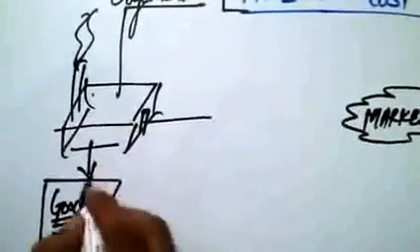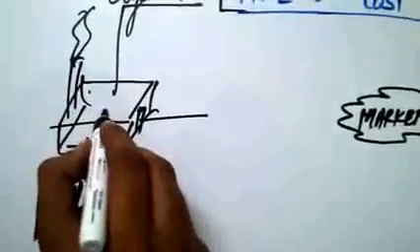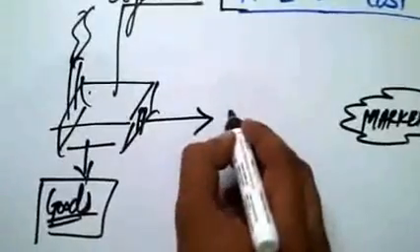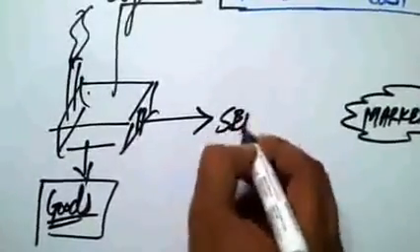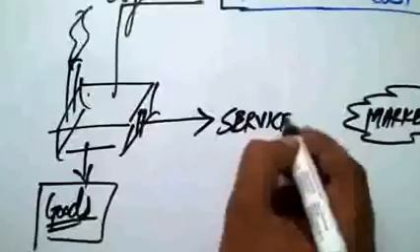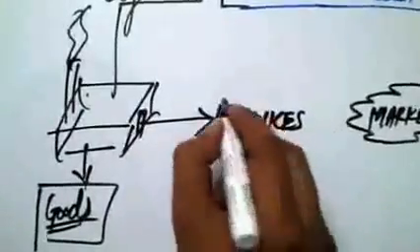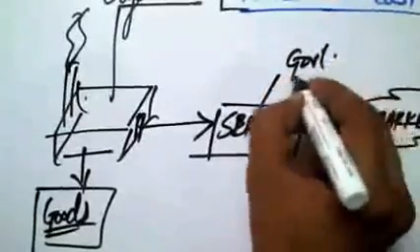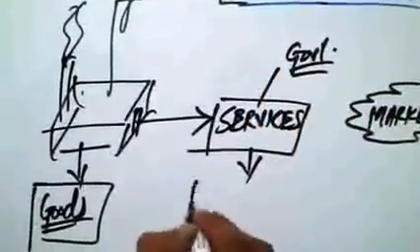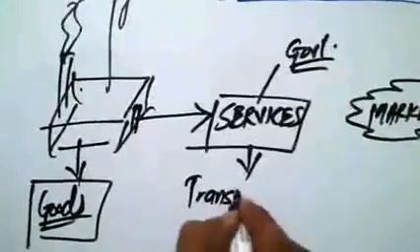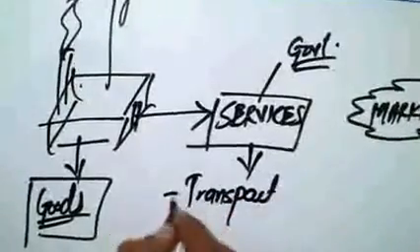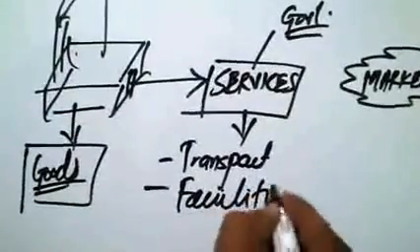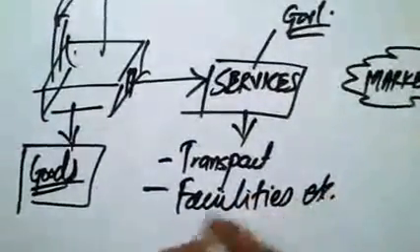But a good, when it is produced in an organization and reaches the market, has to go through the services provided by the government. Government provides us transport, facilities, and so on.